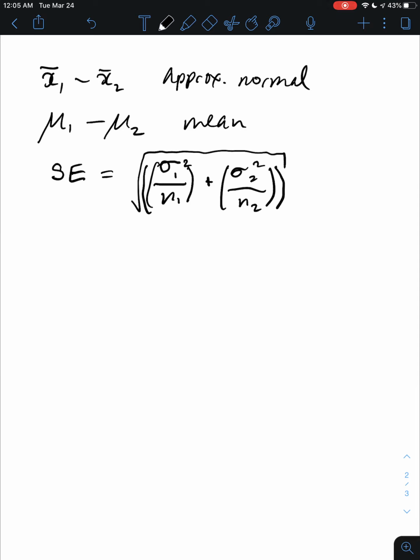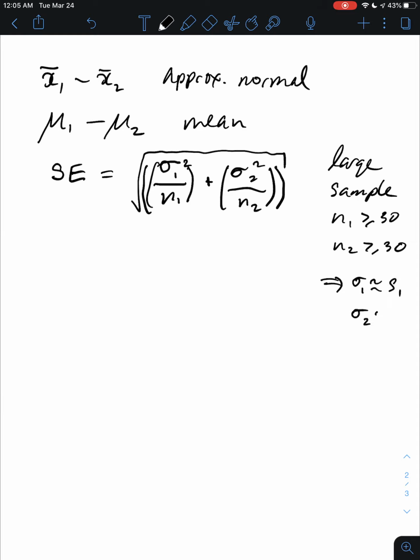Okay, one other issue about this, as usual, for a large sample, meaning n sub 1 is bigger than or equal to 30 and n sub 2 is bigger than or equal to 30, we have that sigma 1 is approximately very close to S1, and sigma 2 is very close to S2.